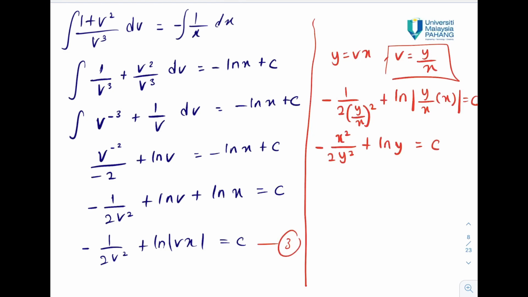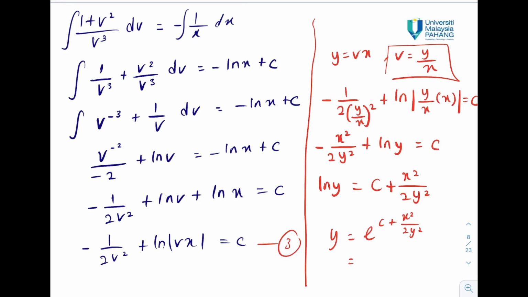So ln y equals c plus x squared over 2y squared. We use the properties: y equals e to the power c plus x squared over 2y squared.